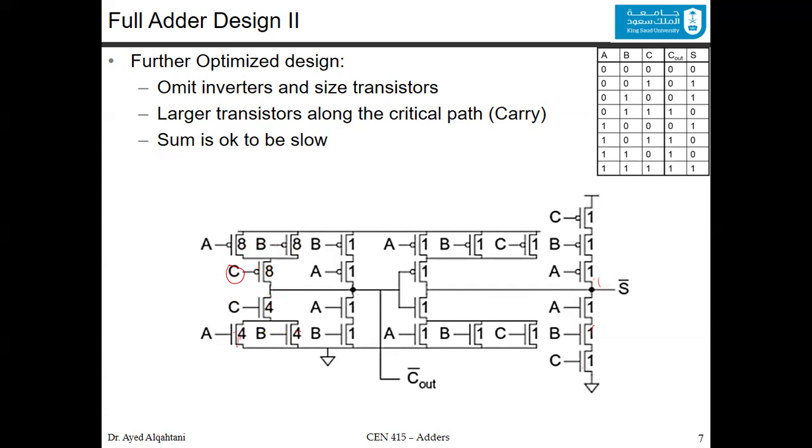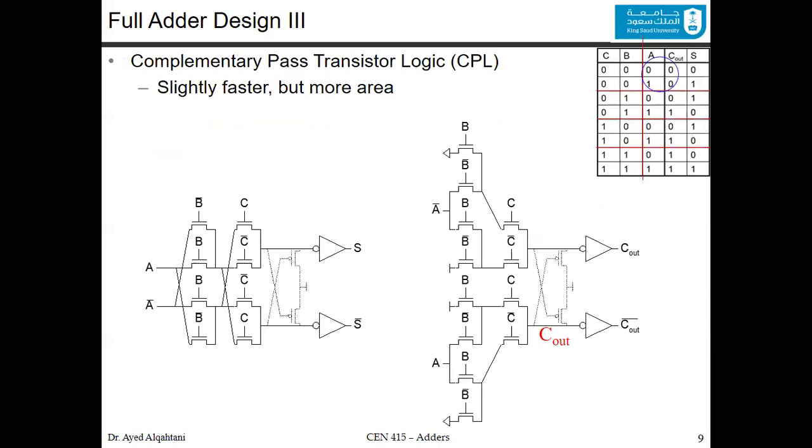The third design, we are having the complementary pass transistor logic idea, which is basically slightly faster but has more area. And to do this, you apply what you learned in logic design when you study the multiplexers. One thing that you studied there is actually the design using a multiplexer, or the design by Mux.